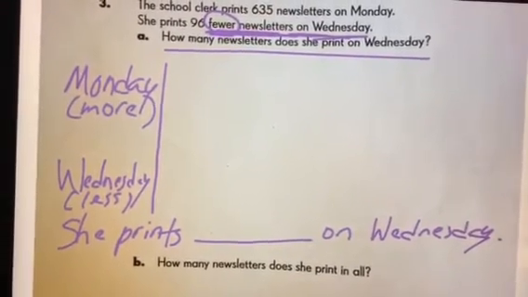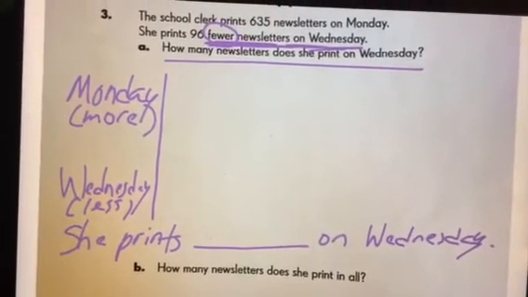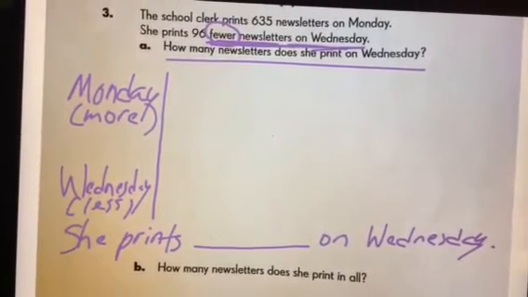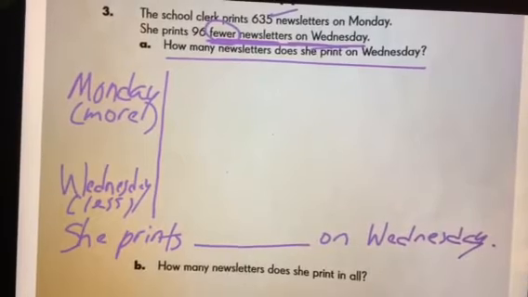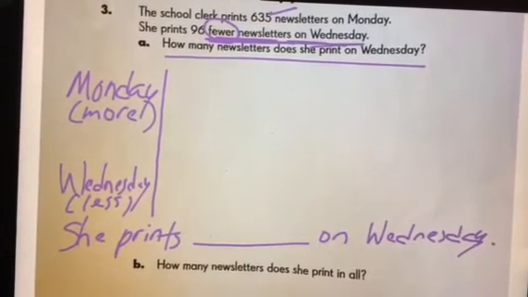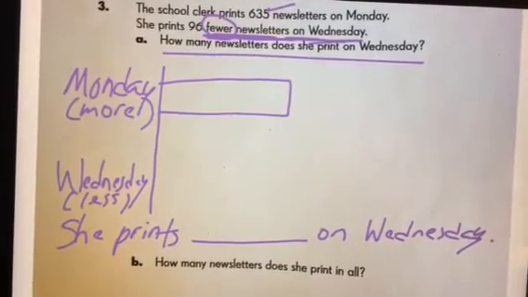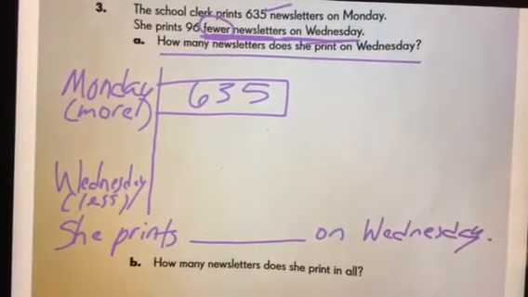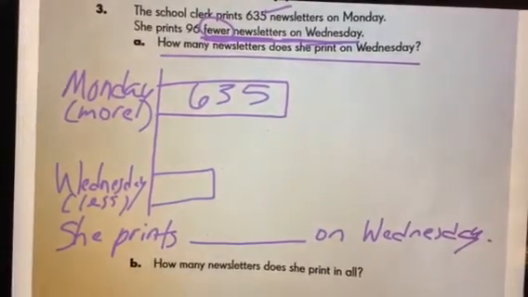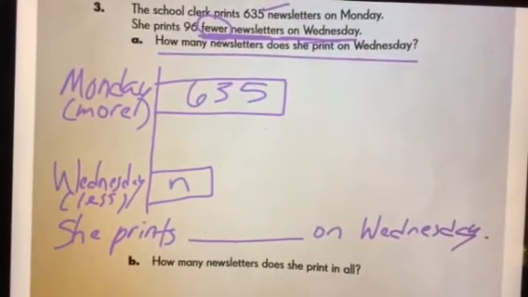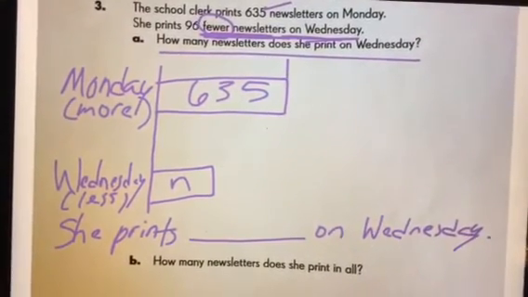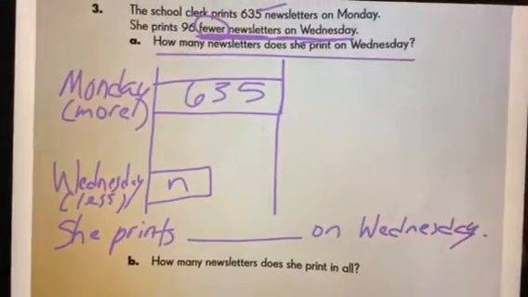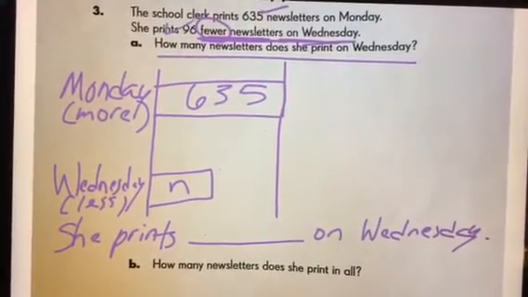And let's do steps 5 and 6. Draw the unit bars and check off. All right, so it tells us that there are 635 printed on Monday. Wednesday is less. We have no idea. Let's go ahead and do our ending line. And then where do we put the 96?